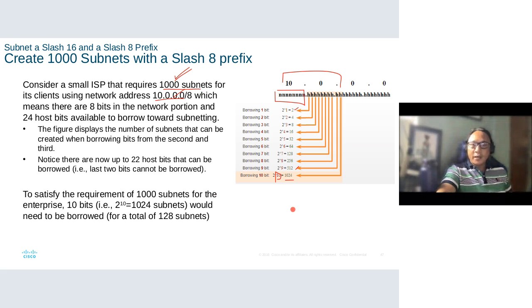So ano na ngayon ang mangyayari? Kung nag-borrow ka ng 10, okay? So meron kang originally 8, 'di ba? So nag-borrow ka pa ng 10, ano na ngayon ang tanong ko, ano na ngayon ang prefix niya? Anyone? Ano na ngayon ang prefix niya kung nag-borrow ka ng 10? 18?